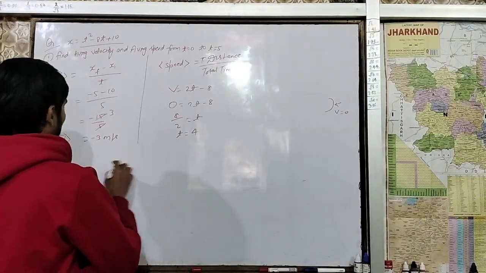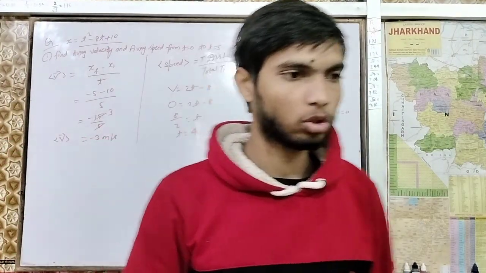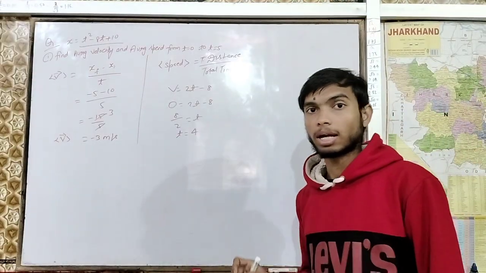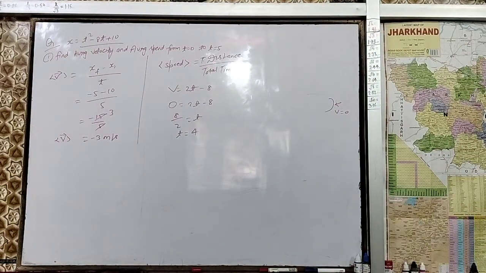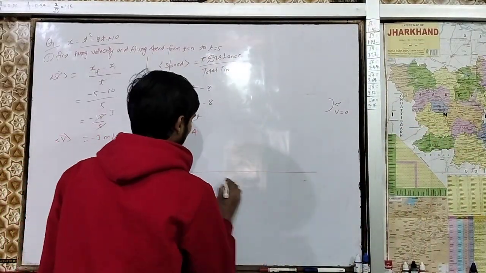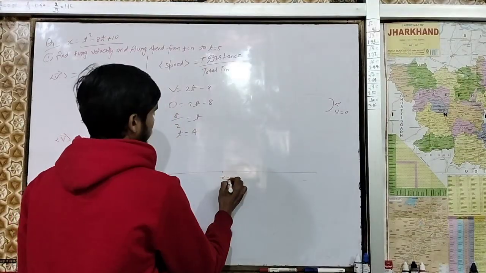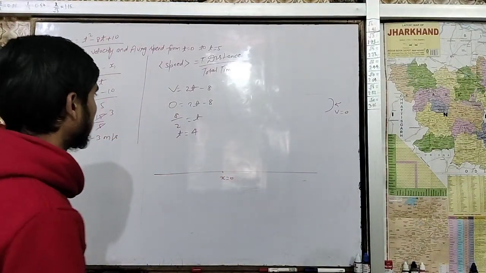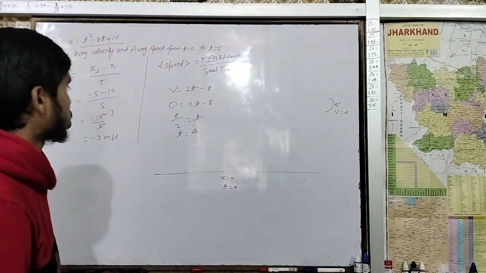Now our work is to draw a line so that we can analyze the actual path of the particle. So this is a line. Let's say here x is 0, and t is also 0.